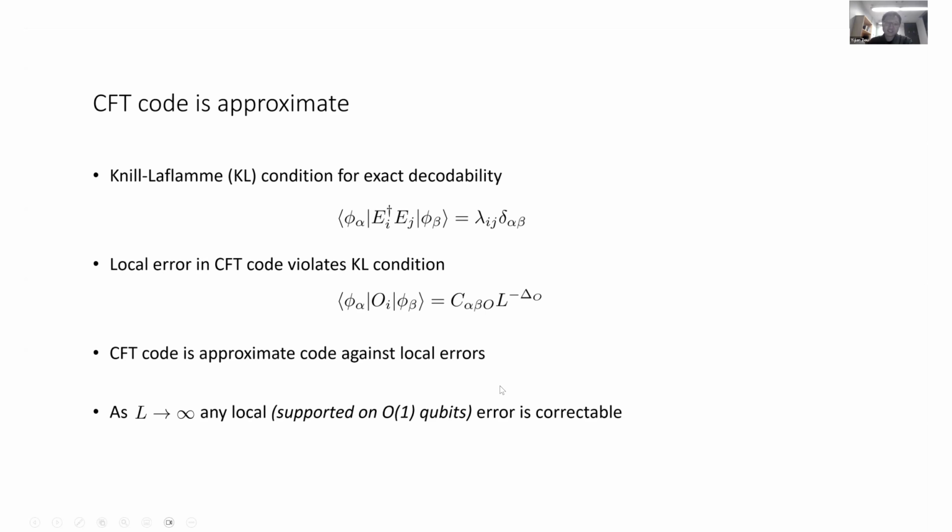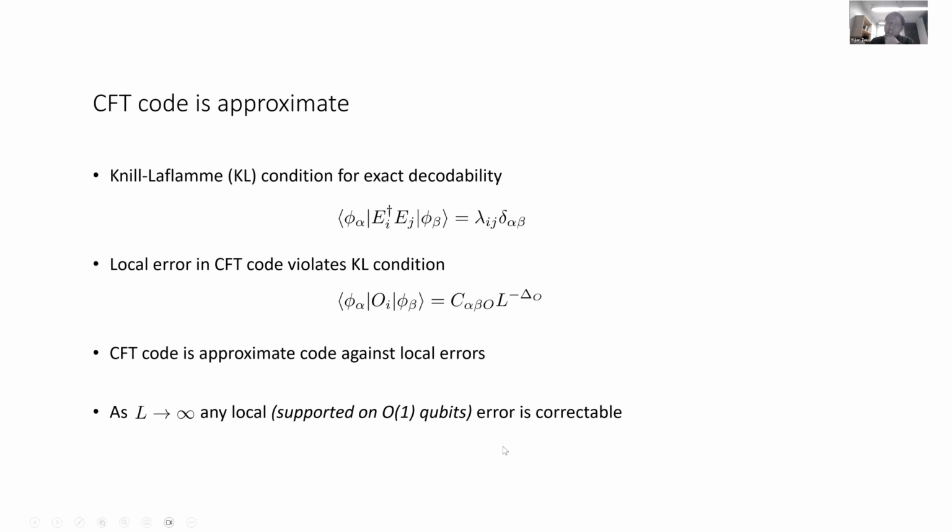The conclusion we make is that as L goes to infinity, any local errors can be correctable. If you make L larger, the error is more correctable. If you make L smaller, the errors are less correctable. But any error supported on O(1) qubits can be corrected when you take L to infinity first.